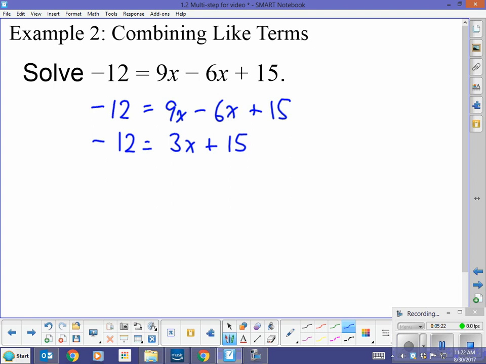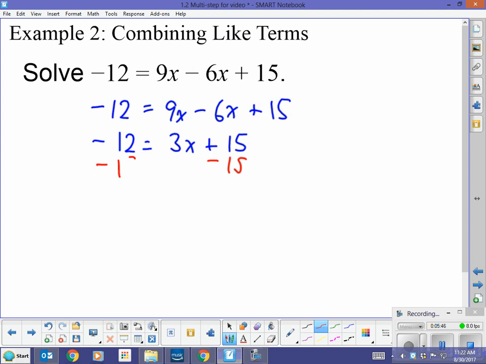Okay, so I combine like terms, and I can't simplify any more. I can't combine any more terms or distribute. There's no more math I can do at this point as written. I have to use the inverse operations now. So I'm going to subtract 15 from both sides because, again, I want to isolate the x.